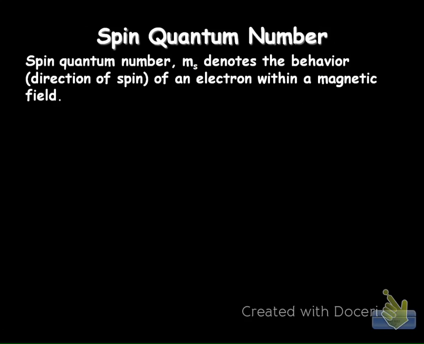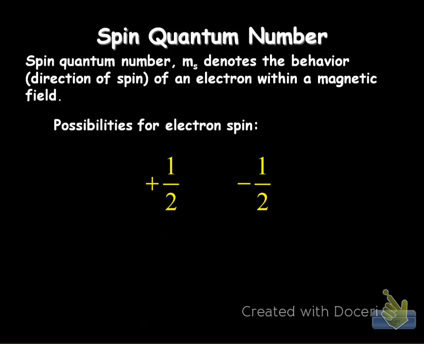Then the last quantum number is called the spin quantum number. Once we get this specific, we're talking about an individual electron and what it's doing inside the orbital. There are only two values for electron spin, plus 1/2 and minus 1/2. And it's perfectly fine just to imagine an electron spinning, one spinning clockwise, the other spinning counterclockwise.